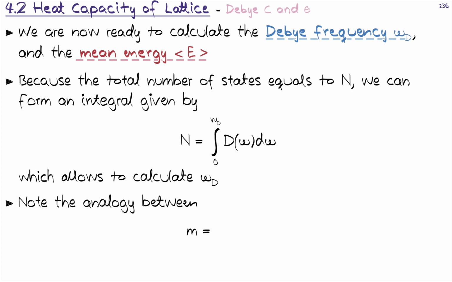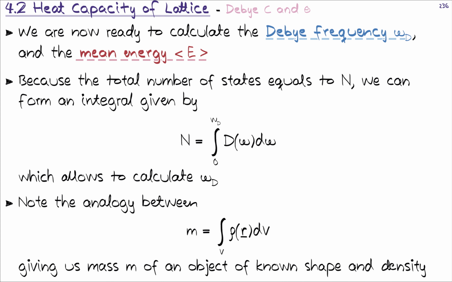If we know the shape of the object, so we know the volume V, and the density of the object, we can calculate the mass by integrating over the density as a function of position inside the object, with the volume differential. And this gives us the mass m of an object when we know its shape and density.